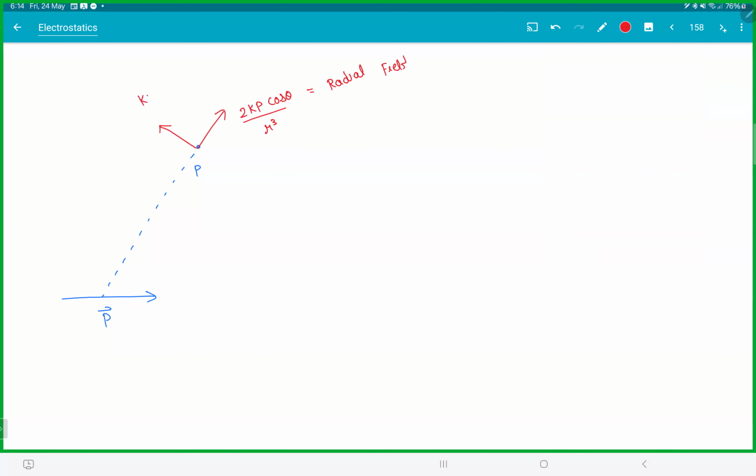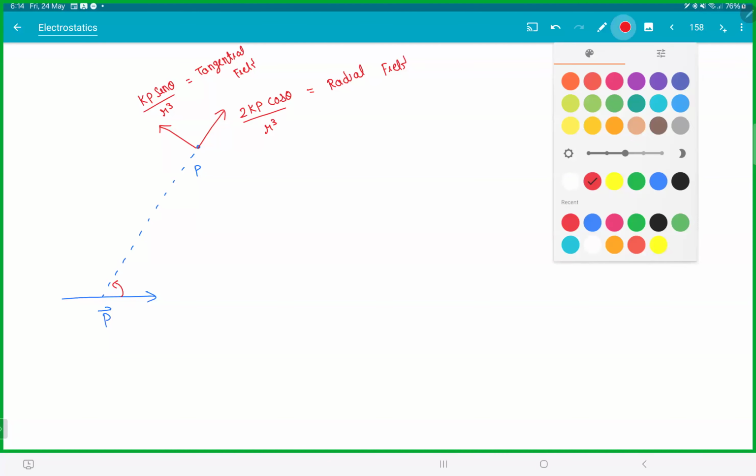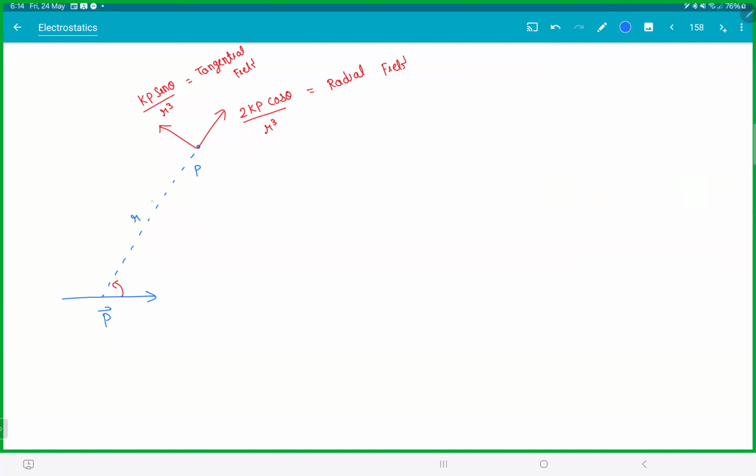This would be kp sin theta by r cube. This is the tangential field. And the direction would be in this way, so theta should be rotated in that direction. This r is the distance between the point P and the center.